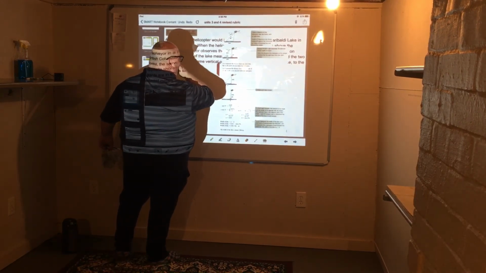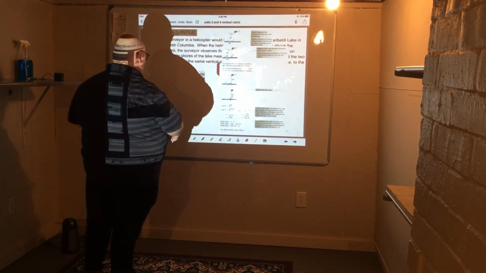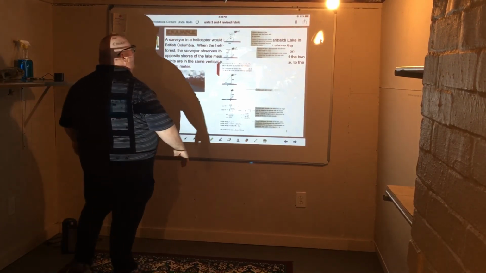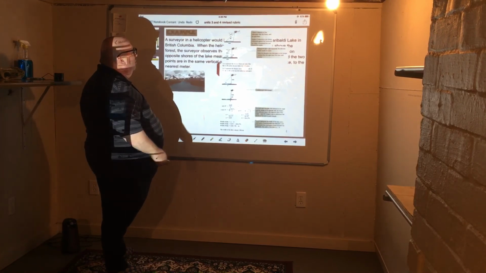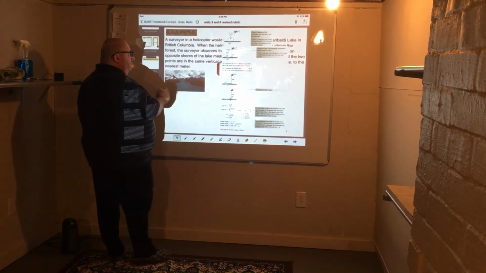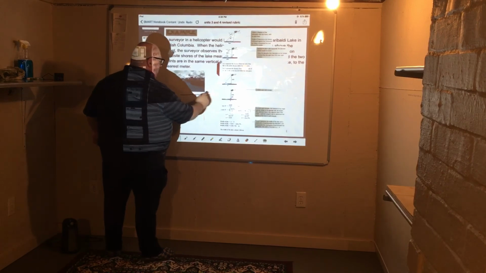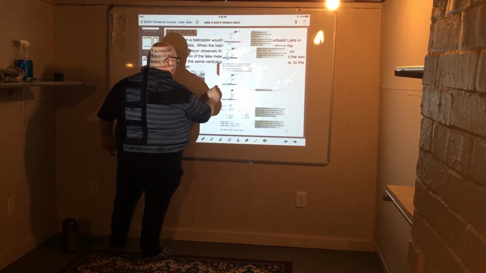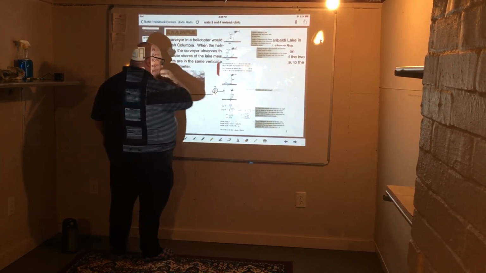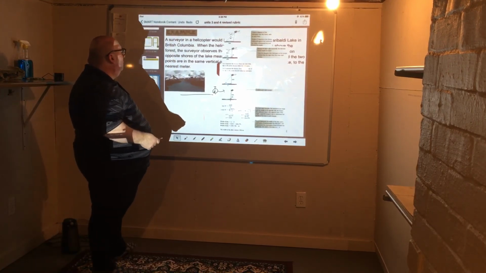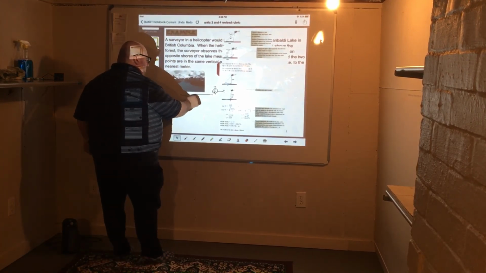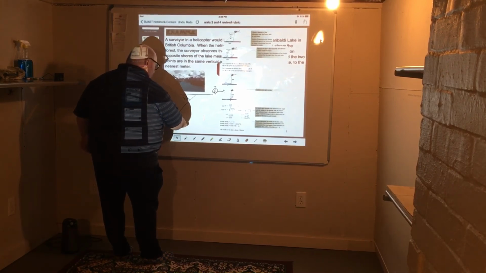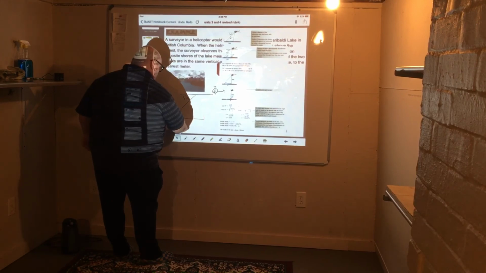So, let's see, what do we have? So we have a picture here where, oh yeah, that's what I wanted to show you. Okay, so here's our guy. He's flying up in his helicopter here, right? There he is. And we have this 45-degree angle, right? We have our lake, which is down here.